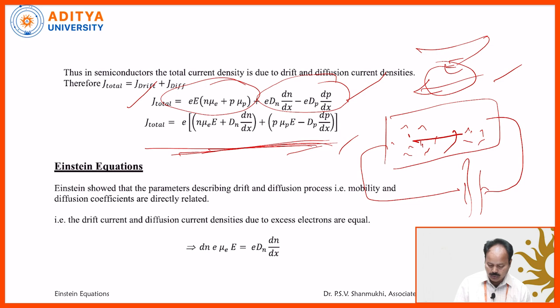That means Δn e μe E is due to drift, and e Dn dΔn/dx is due to diffusion. Actually this Δn is the excess; instead of n, we write the excess carriers Δn. These excess carriers cause the diffusion also. At equilibrium, these two current densities must be equal.